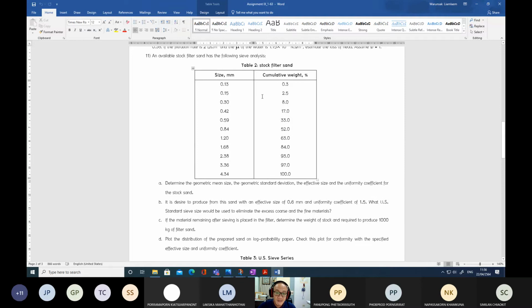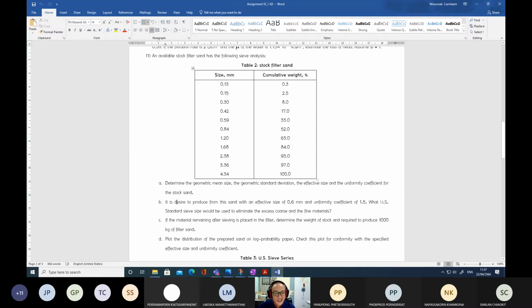According to the information shown in this table, first you have to determine the geometric mean size, which is the P50, the standard deviation, the effective size P10, and the uniformity coefficient of the stock sand. This is what you have done previously in construction material testing class.